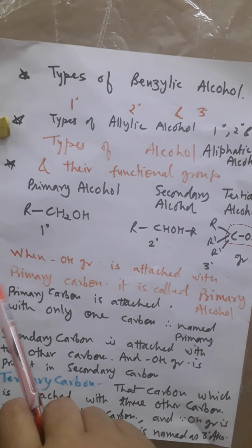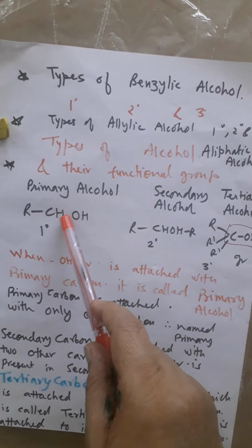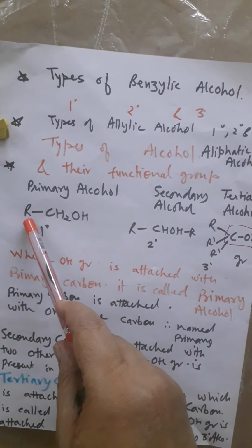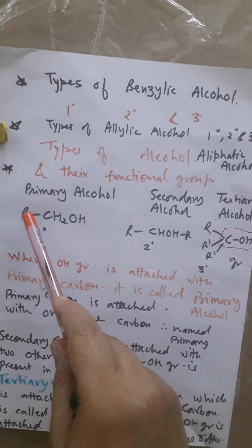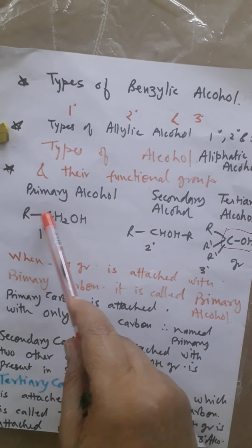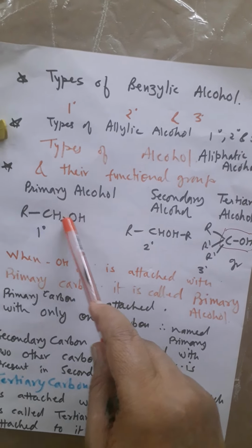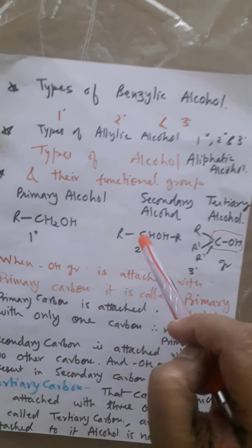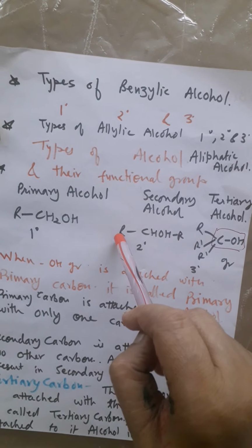If the OH group is attached to this primary carbon, it is called a primary alcohol. For example, here, this carbon has only one alkyl group, CH3 or C2H5, so it is attached to one carbon only. So we will call it a primary alcohol, and this carbon is called a primary carbon. This carbon is called a secondary carbon because it is attached to carbons here and here.